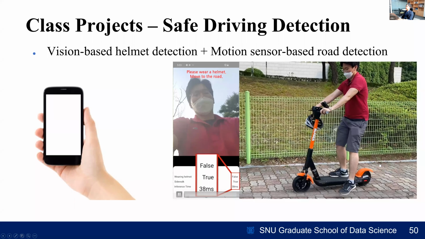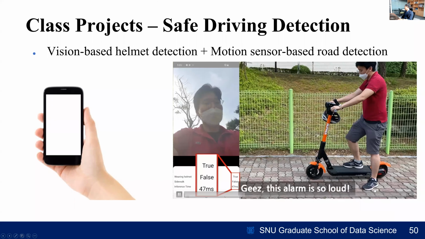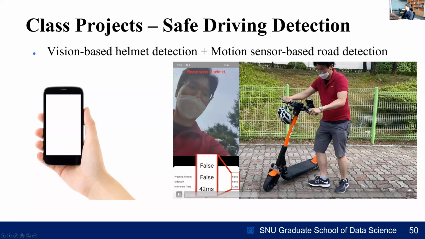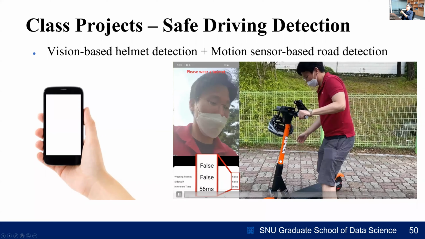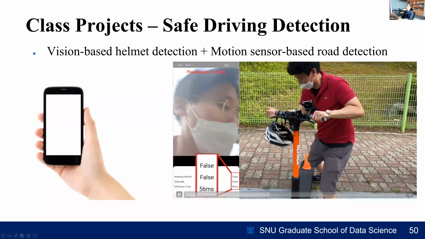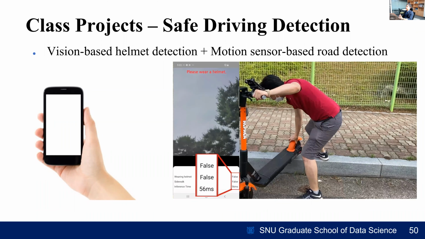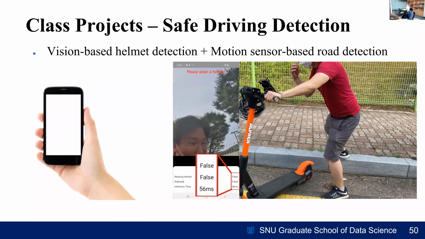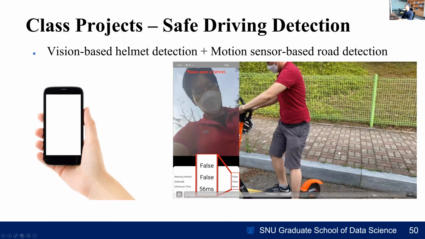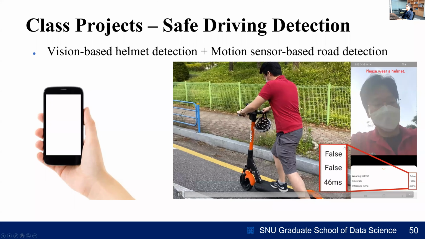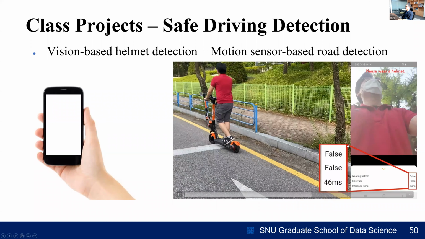Pedestrian road or not, because the road condition is different and some vibration patterns are different. So by using the vibration pattern, the road type can be classified in a very lightweight way, not even using a deep learning model, just a classical machine learning model.